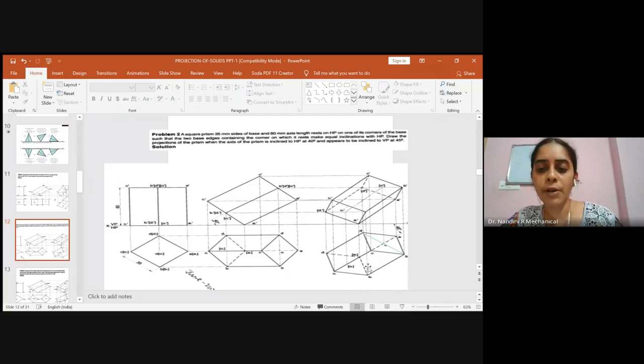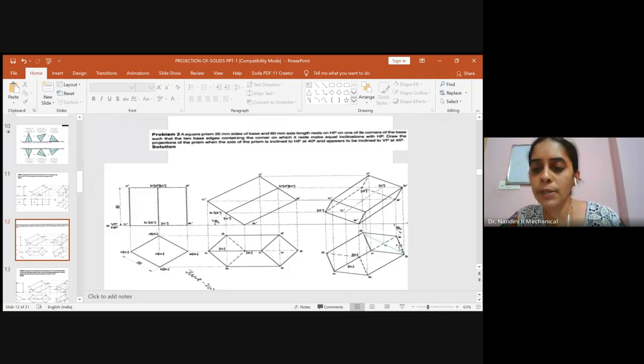And the locus of B1 is meeting B1 dash at this point, so name that as B1 dash. So we named all four corners. Don't join immediately. Just do the naming of the top surface also.